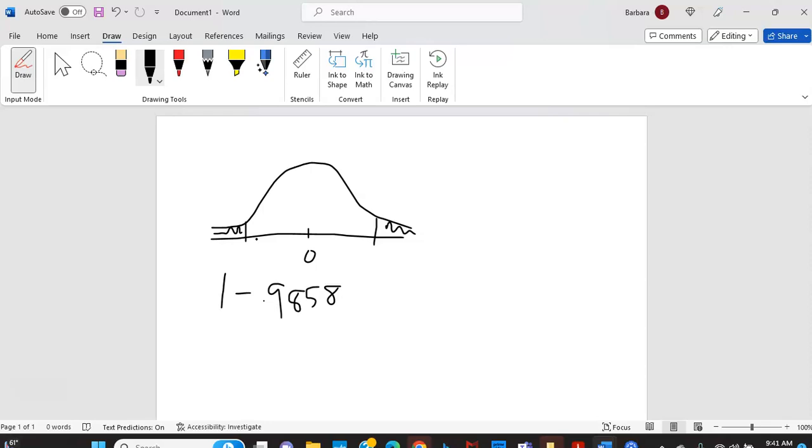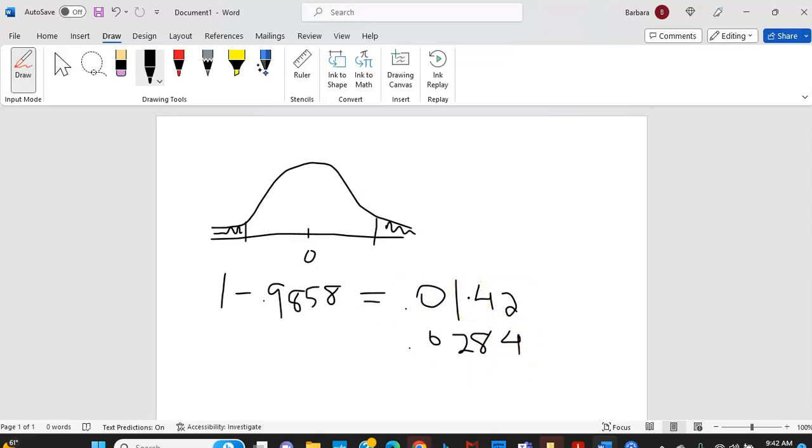So this is 0.0142, and then of course if we double it, it ends up being 0.0284, and that is our p-value for that particular one.